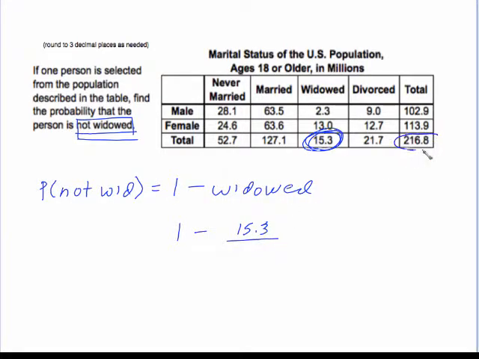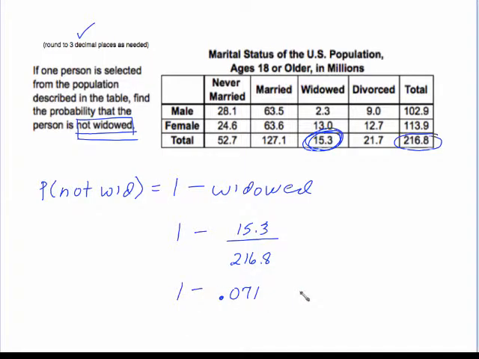the total number of people surveyed, 216.8. And you can type this directly in your calculator if you want, or we can do it piece by piece. This 15.3 over 216.8 is 0.071, and the reason I've gone to 3 decimal places is because that's what the direction said.